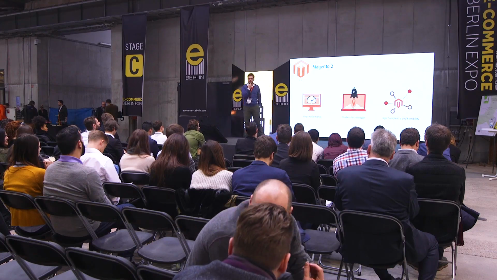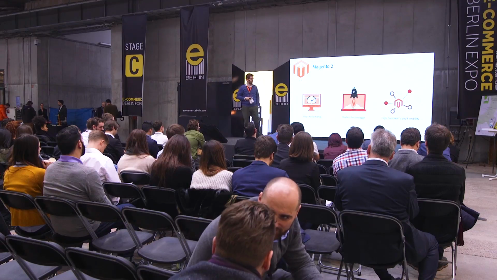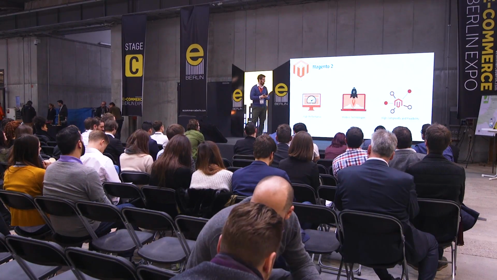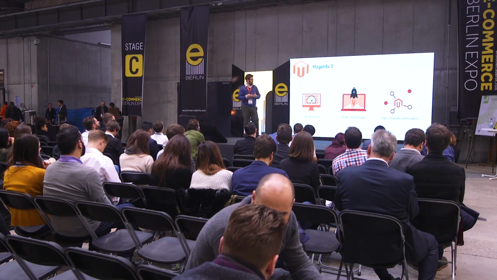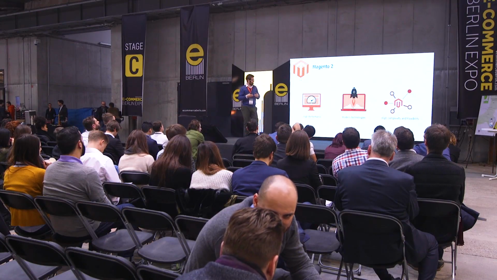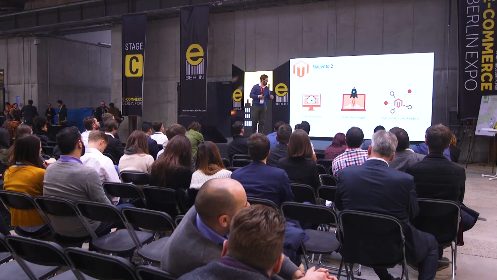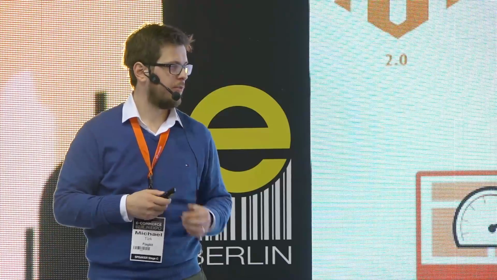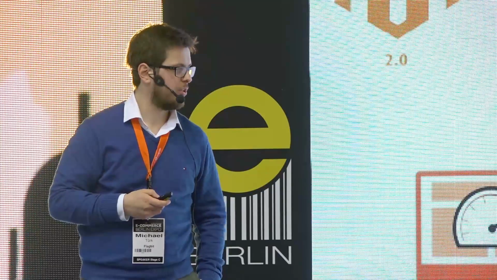This has an average response time of 500 milliseconds, even though it includes customer-specific prices and the current stock information. It includes modern technologies, and it's pretty flexible like Magento was before.